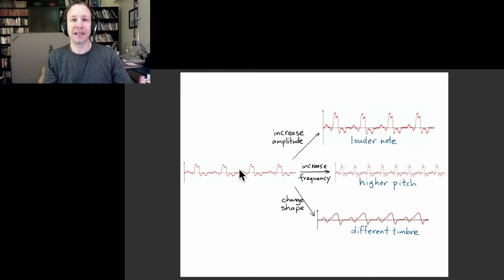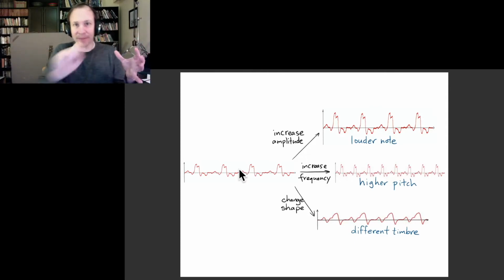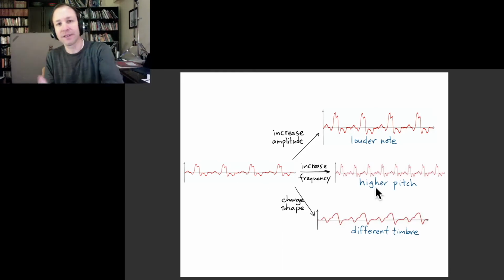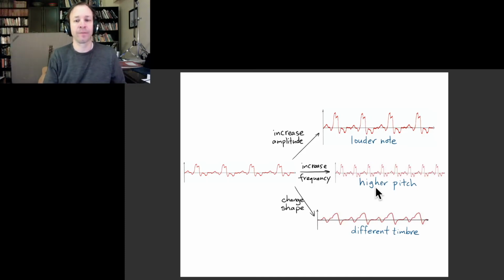If you took that time graph and compressed it in the time direction, so everything is happening faster with a smaller period and a higher frequency, then that results in a note that sounds higher to us. It has a higher pitch.